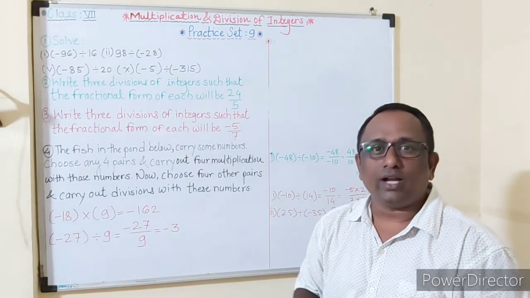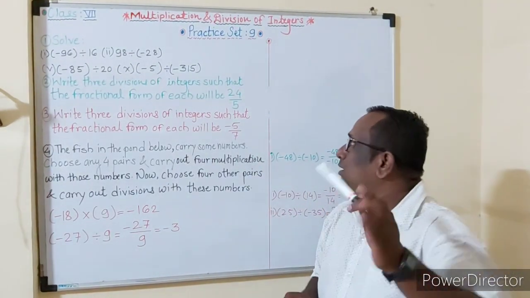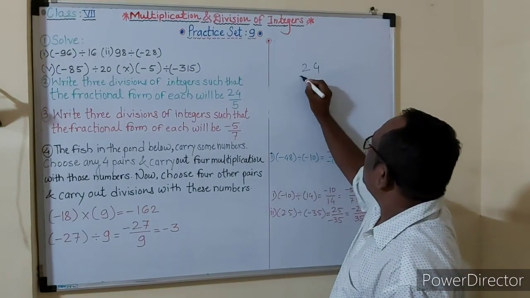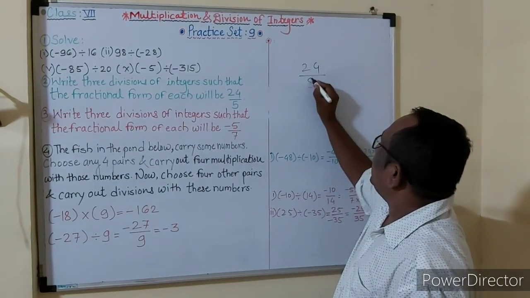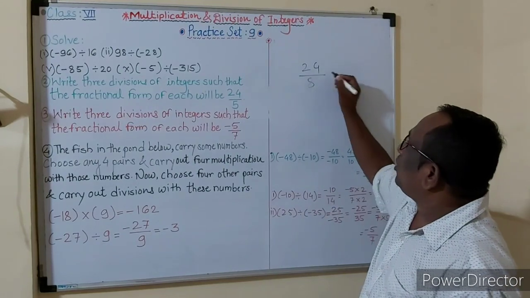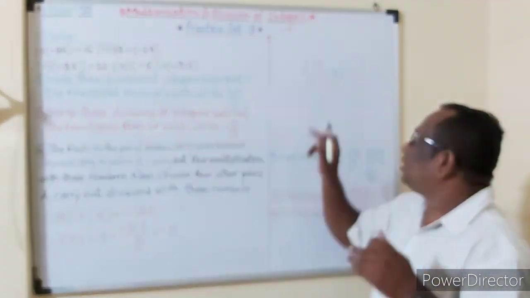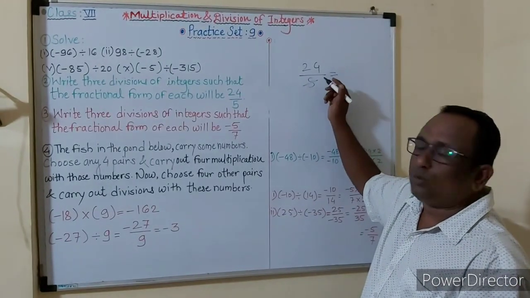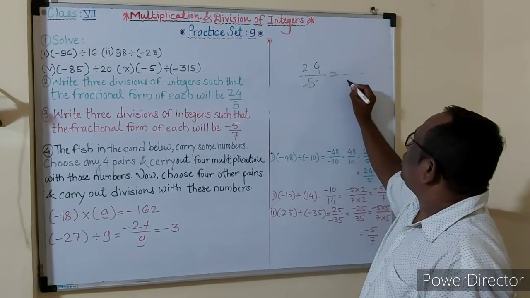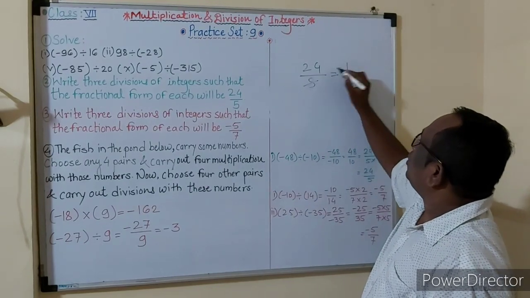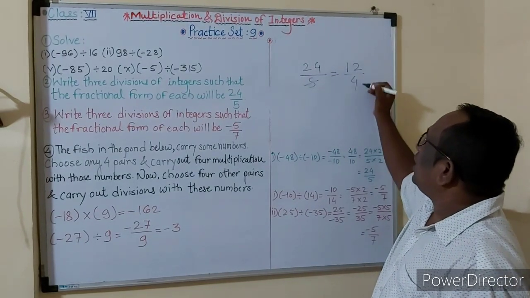Divide like that. For example, I will explain again. 24 upon 8. So we have to make the simplest form. We have to choose a number that is divisible to denominator and numerator. So we start from 2. 2 4s are 8, 2 12s are 24. Now 12 upon 4.